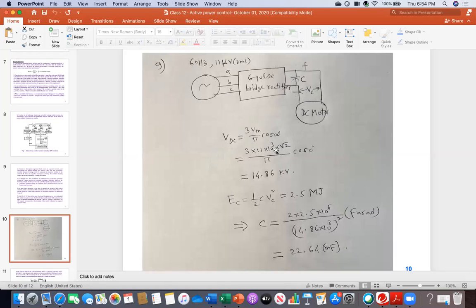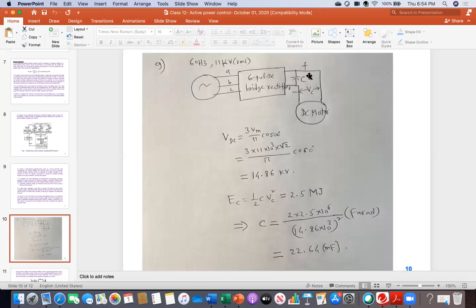Before, we used this equation, 3 Vm by pi cosine of alpha. And keep in mind that Vm is the peak of the line-to-line RMS voltage. So that's why 11 kV multiplied by root 2 and then cosine 0 degree. So you are getting 14.86 kV. You might express it in volts.